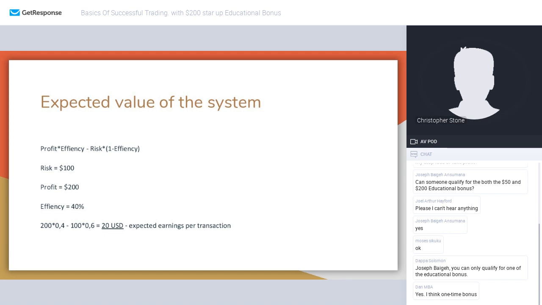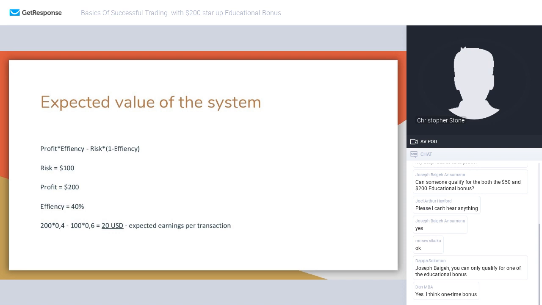So, for example, we are willing to risk $100. $100 is our risk, and our profit is $200. And our efficiency, so how often we are right, how often we are gaining by trading, looking at the trading history.